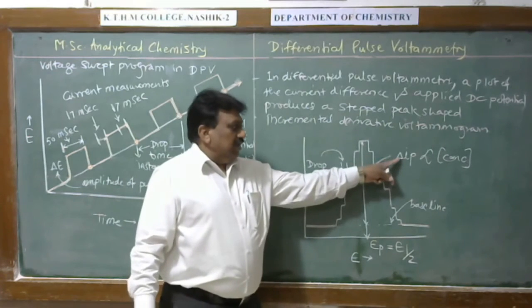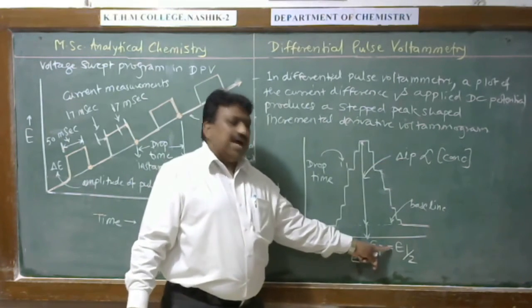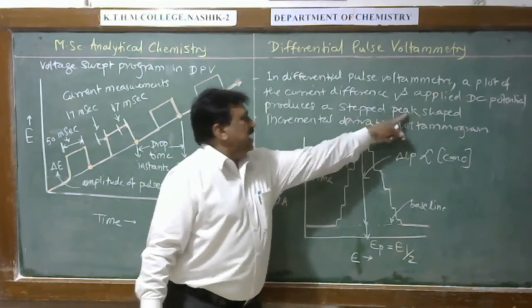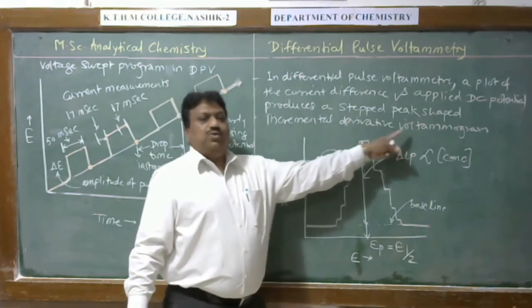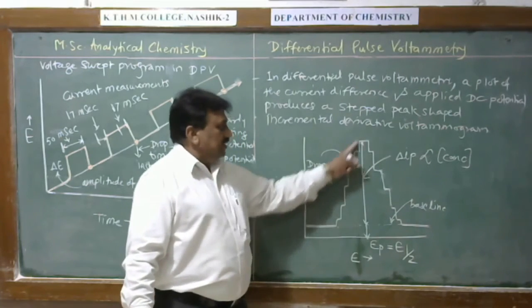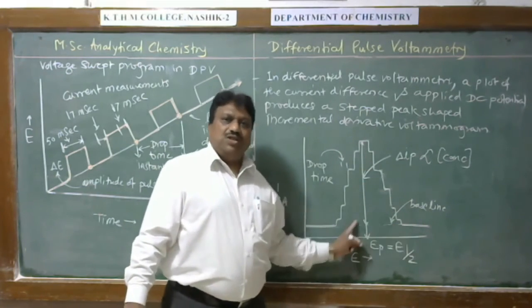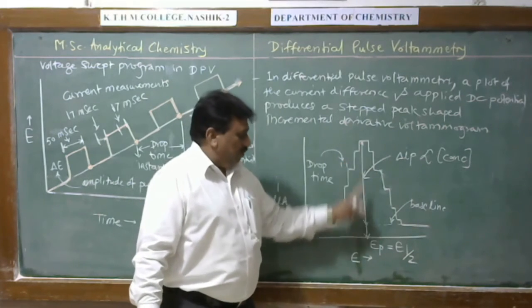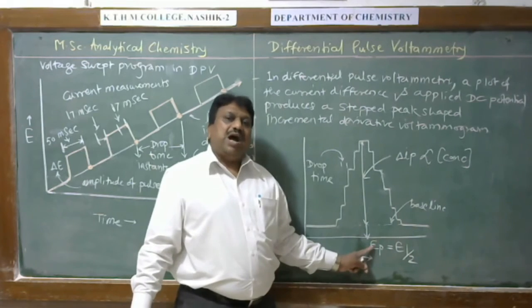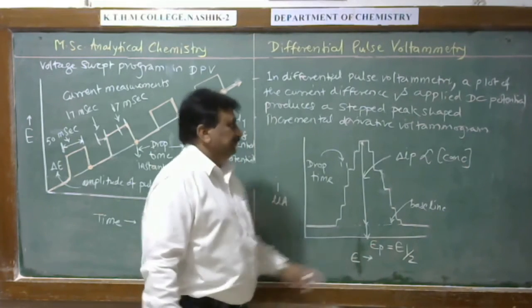Therefore, both delta IP as well as E1/2 can easily be determined from this stepped incremental derivative voltammogram, which is like this. Here asymmetrical steps are obtained on both sides of this peak, and peak maxima is obtained at the half wave potential of that analyte.